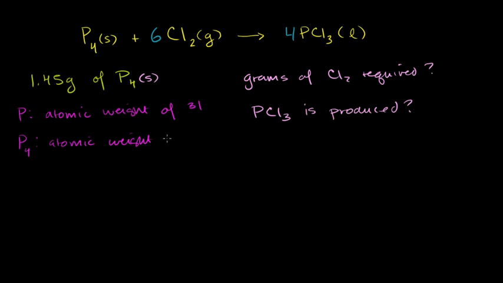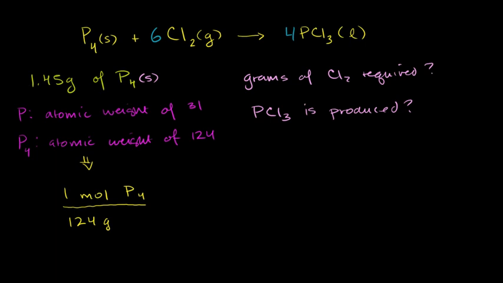It's 124, which means that 1 mole of solid molecular phosphorus is going to have a mass of 124 grams. Now, given that, we can use that with this information to figure out how many moles of molecular phosphorus we have, solid molecular phosphorus.